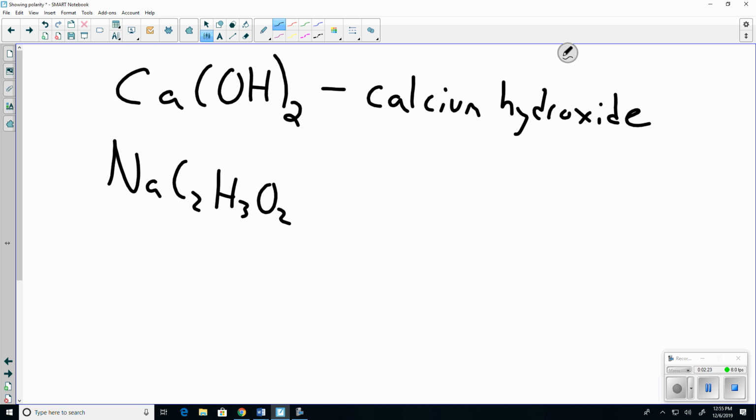Acetate is the first polyatomic ion on this sheet. Notice that it's a -1 charge. That's why there's 1 sodium with the 1 acetate. If these are polyatomic ions, that means that they have a charge. And if they have a charge, they have to balance out charges when you write the formula.